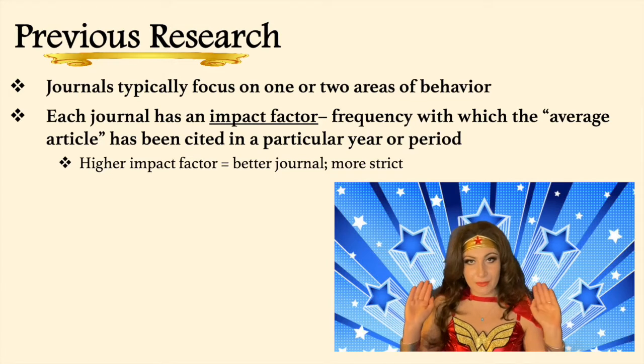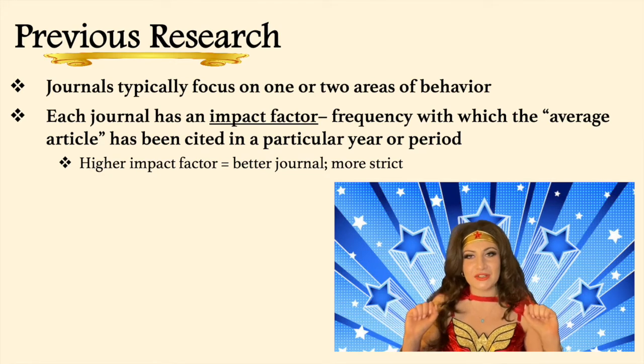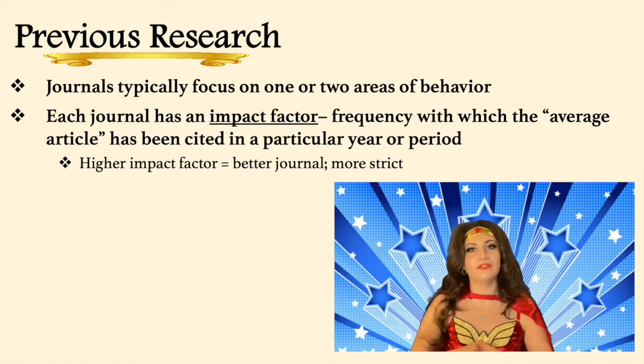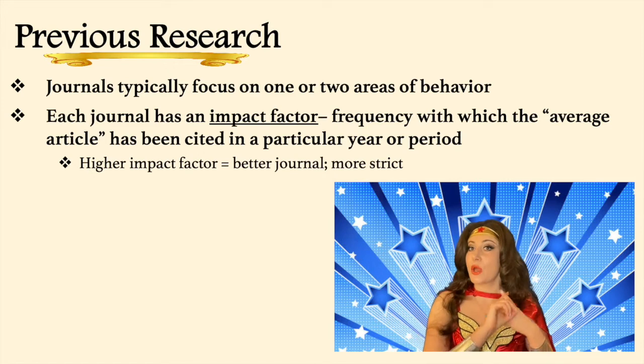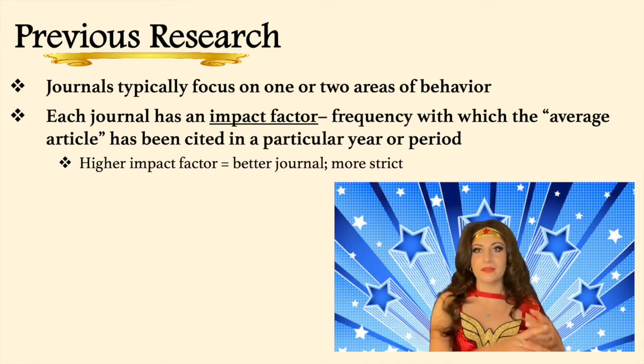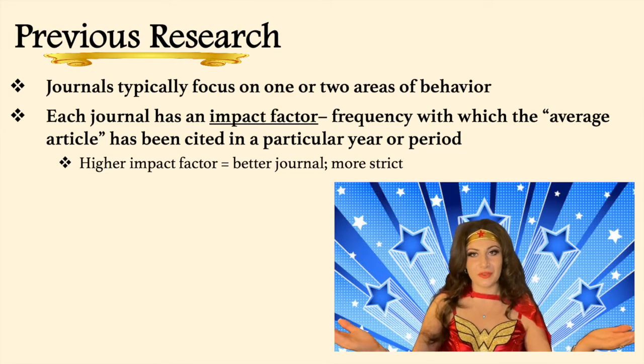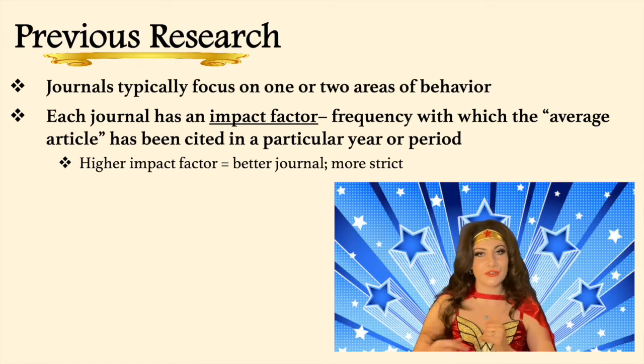They want to put the most important and highly prestigious articles in this journal because they maintain a particular level of quality. So a higher impact factor means that it has more articles cited from it, hence it's more effective for the public who actually read that journal, but it is also more strict.